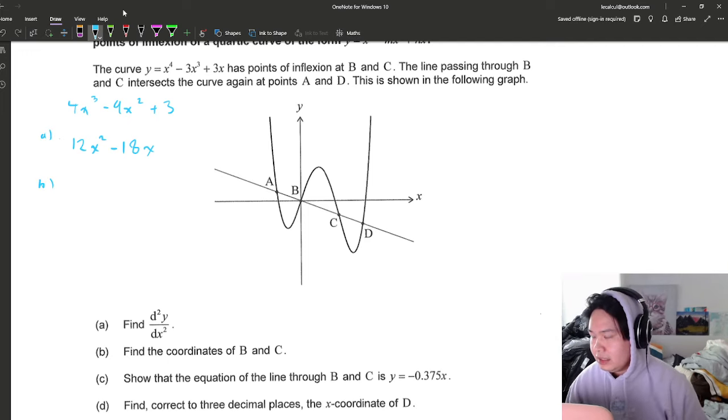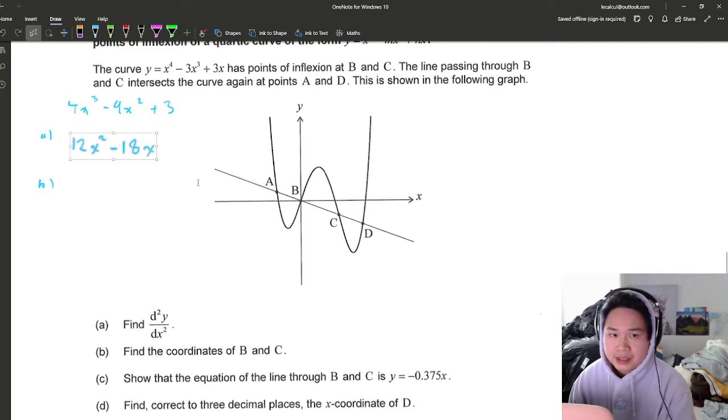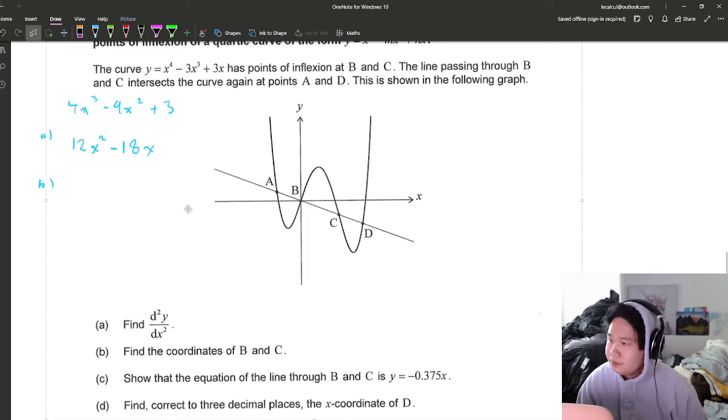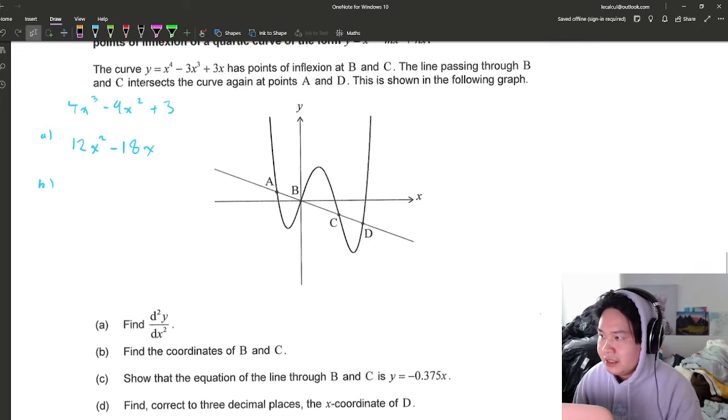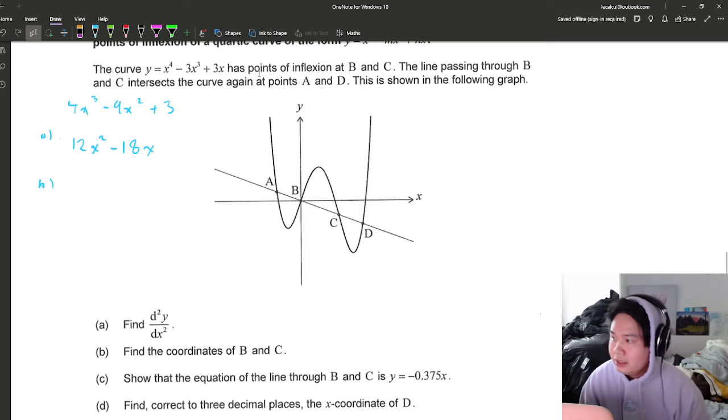Then we need to find the coordinates of B and C. They said B and C were the inflection points. So the inflection points have a second derivative value of 0. So we just equate this to 0 and solve for x. And then they want the full coordinates, so you'll also have to take those x values and substitute them back in for y.